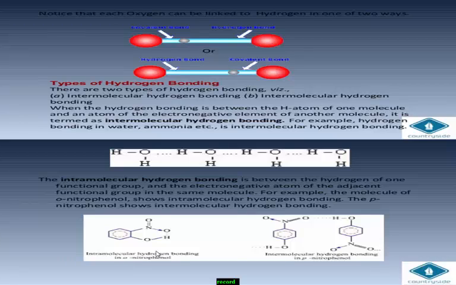Please go through these points. And another point, higher the charge on the cation, greater the covalent character in ionic compounds. Greater the polarizing power of the cation and greater the polarizability of the anion, more will be the covalent character.